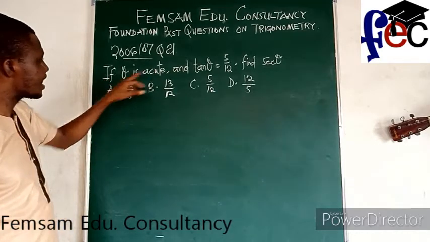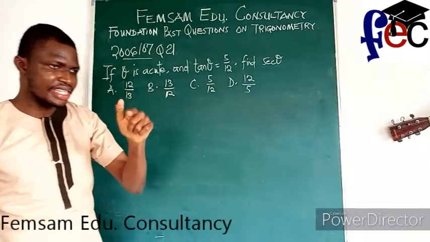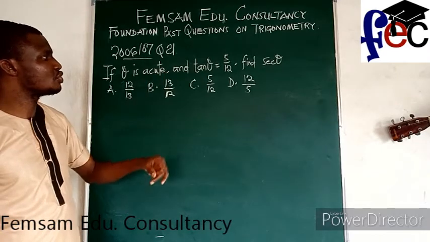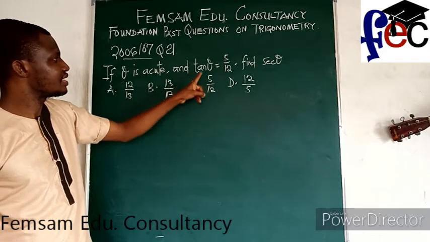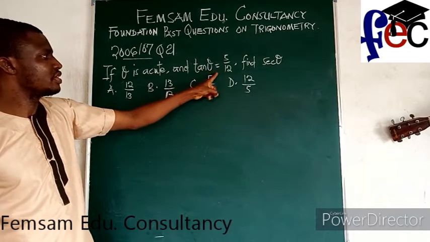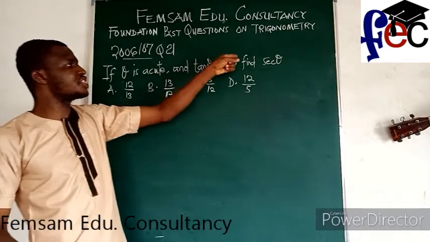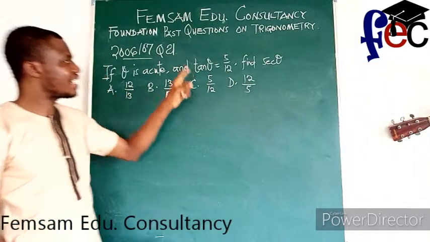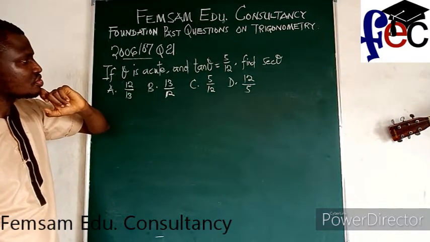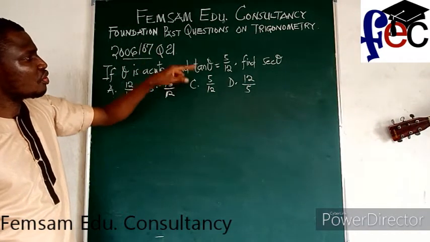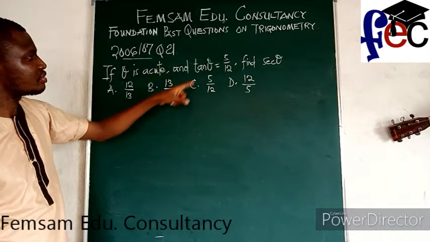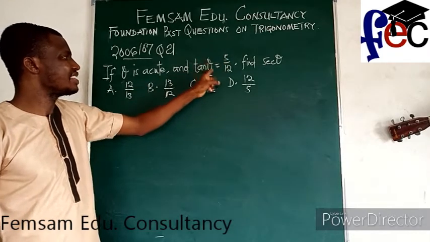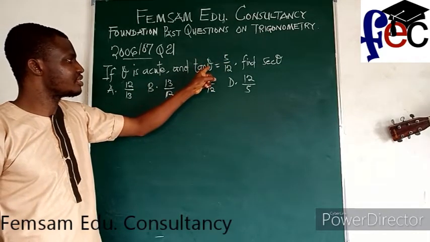Alright, since theta is acute, it means that theta lies between 0 degree and 90 degree. So it's very easy for you to understand that tangent of that acute angle indicates the ratio of the opposite of the angle to the adjacent, which means that I can get a right angle triangle where one of the angles is theta, such that the opposite side to that angle theta is 5 and the adjacent side to the angle theta is 12.